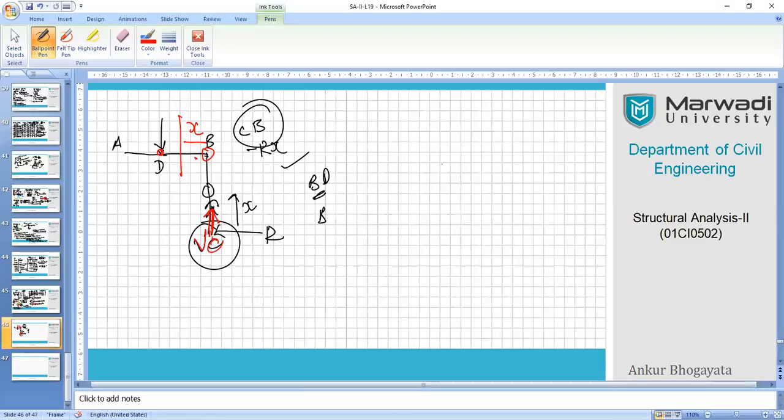So VC into X was an obvious choice for moment. VC into X, okay, that is the first term. And second, we have R, still R with us, so that will be creating a clockwise moment. So I will write down negative 4 times R. Okay, so that becomes my equation for segment BD.